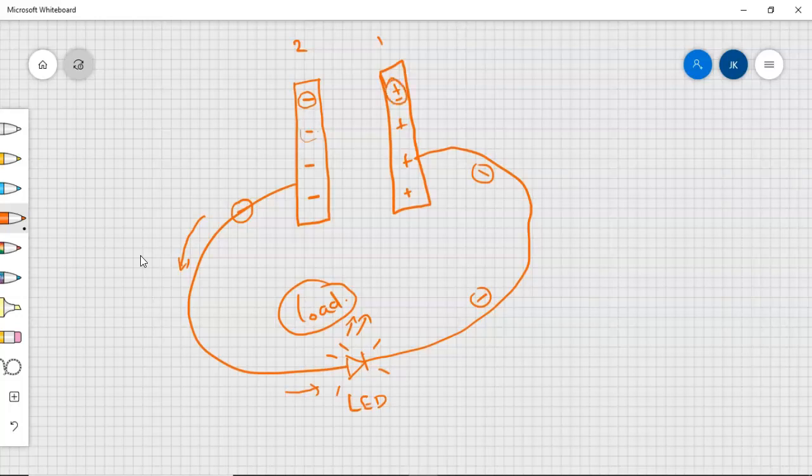Finally both plates will be neutralized. Then the charge inside the capacitor is fully neutral. There won't be any stored charge and it no longer holds energy.